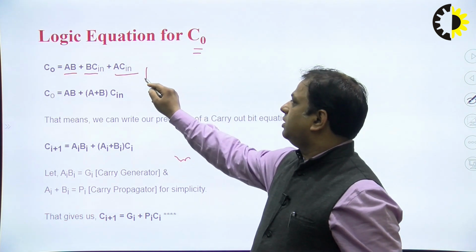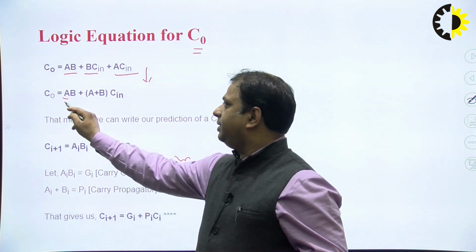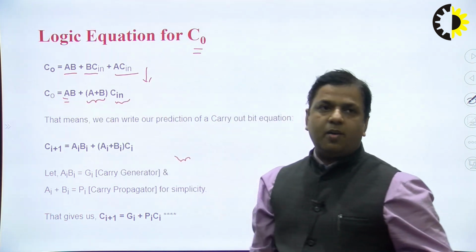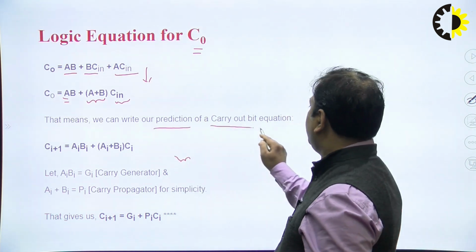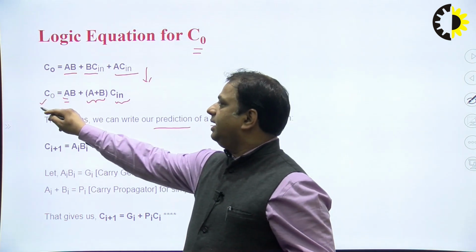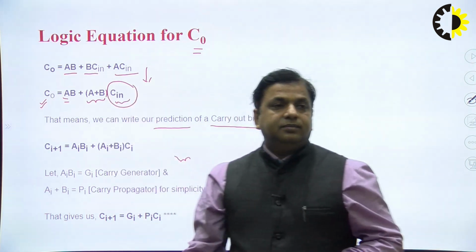We can reduce this equation to the form C out equals AB plus (A plus B) C in, where C in is common. This means we can write our prediction of the carry out bit equation, that is, we can predict the carry out operation with the help of the C in only.